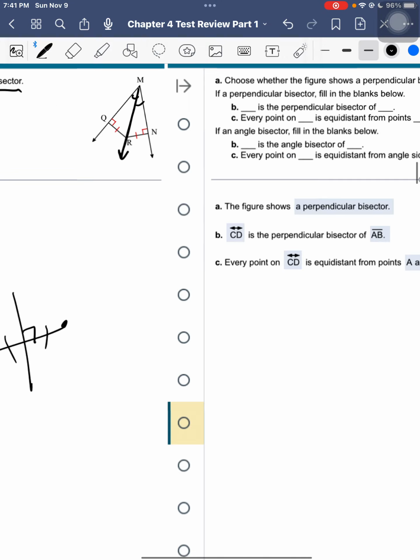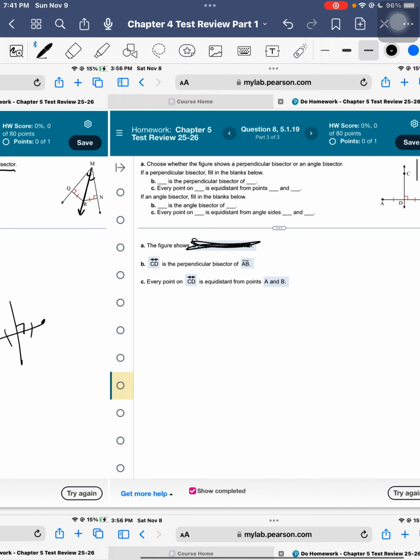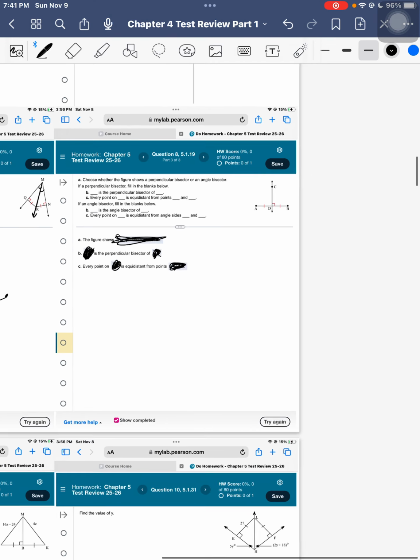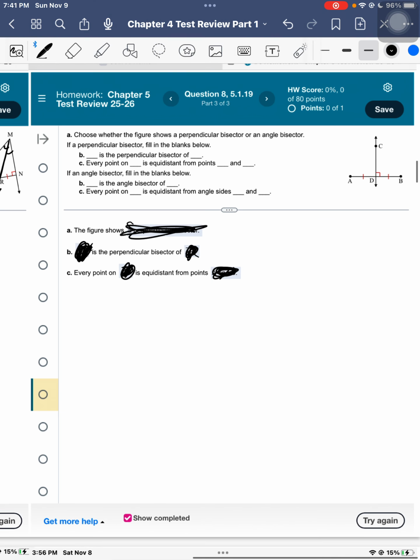And the next question is very similar. We have a segment that is being perpendicularly bisected. So this figure shows a perpendicular bisector.